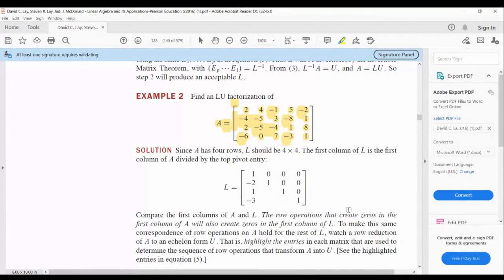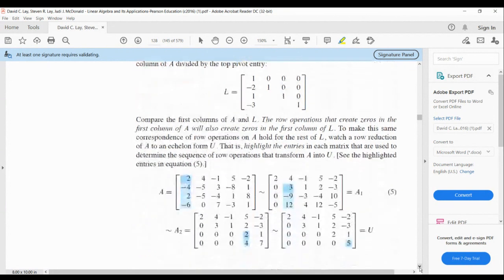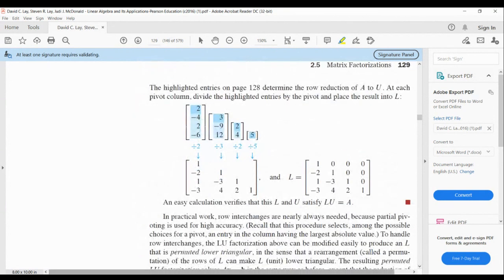So feel free to look at that example. In your homework, you're going to have some problems with non-square matrices where you have to do an LU factorization. All right, are there any questions on this material, section 2.5?